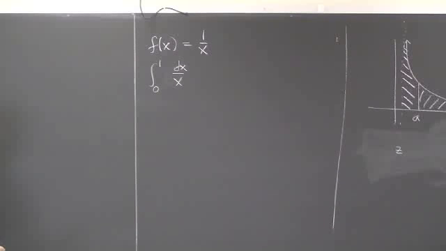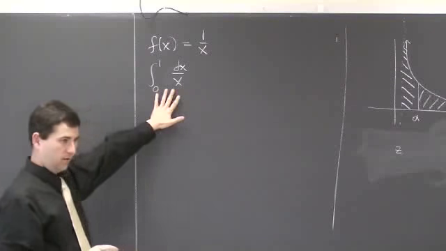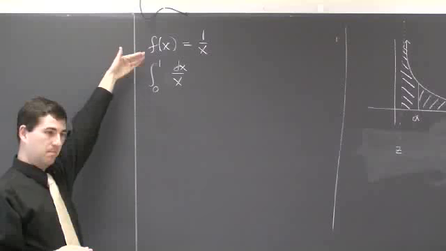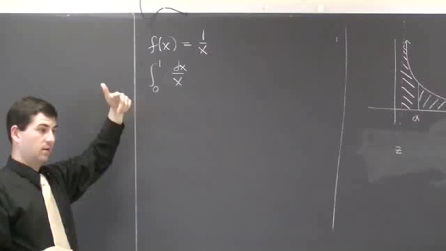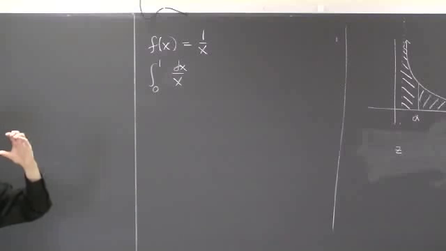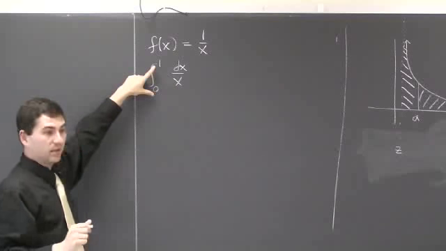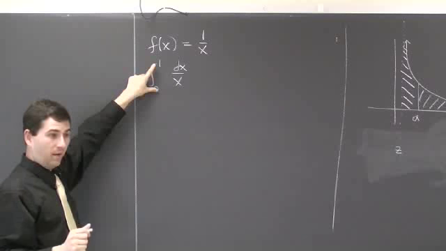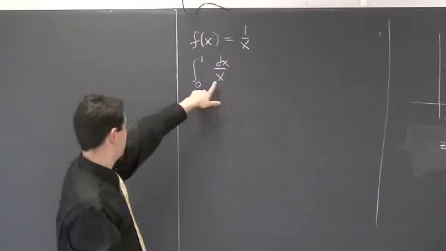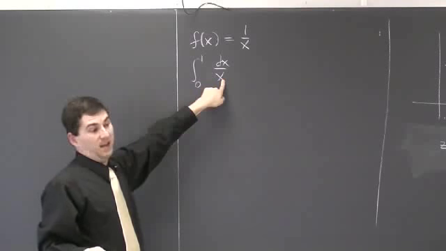Now, when we wrote down the definition of the definite integral, we had an assumption, right? Namely, if you're integrating from a to b, then the function should be what? Continuous on the closed interval a, b. This function, 1 over x, is not continuous on the closed interval 0, 1. Why not? It's not defined at 0. You can't put 0 into here. If it's not defined, it can't even be continuous.